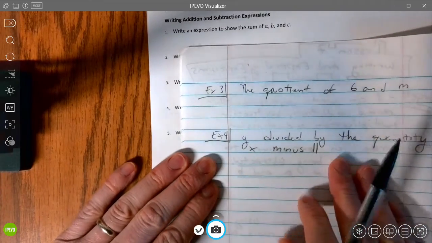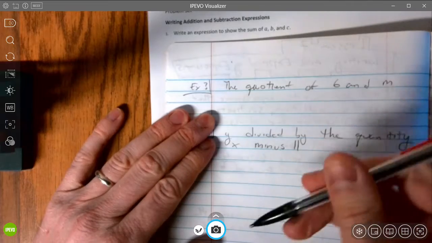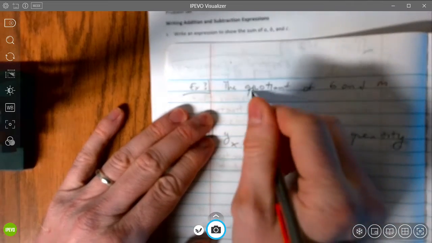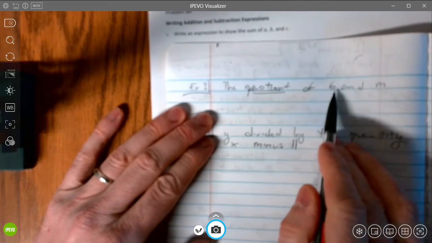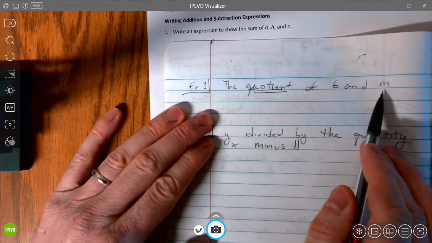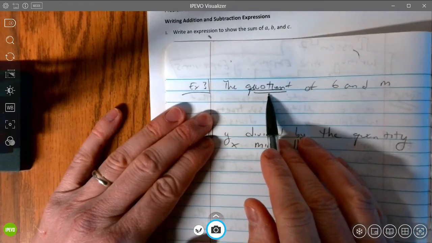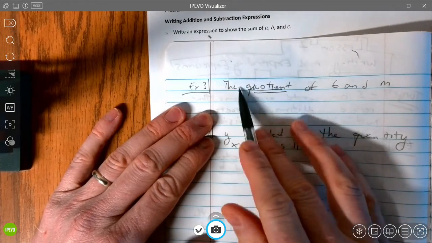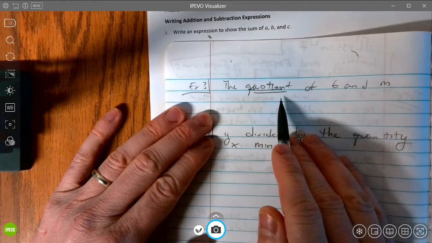All right. Now we're moving on to division, and it says the quotient of 6 and M. Well, quotient, that should remind you of the operation division.